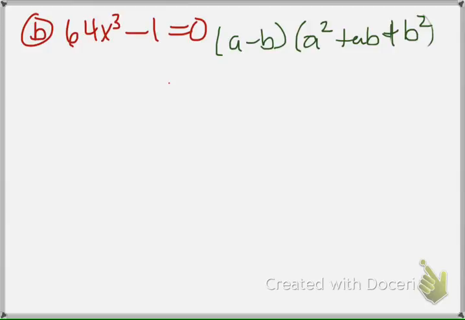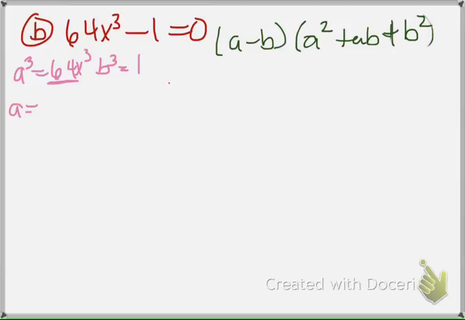So here I have, who's my A cubed? 64. So A cubed is 64. Who's my B cubed? A 1. So it's 64x to the third. The variable stays with it. So what is the number that gives me 64 when I multiply it times itself 3 times?